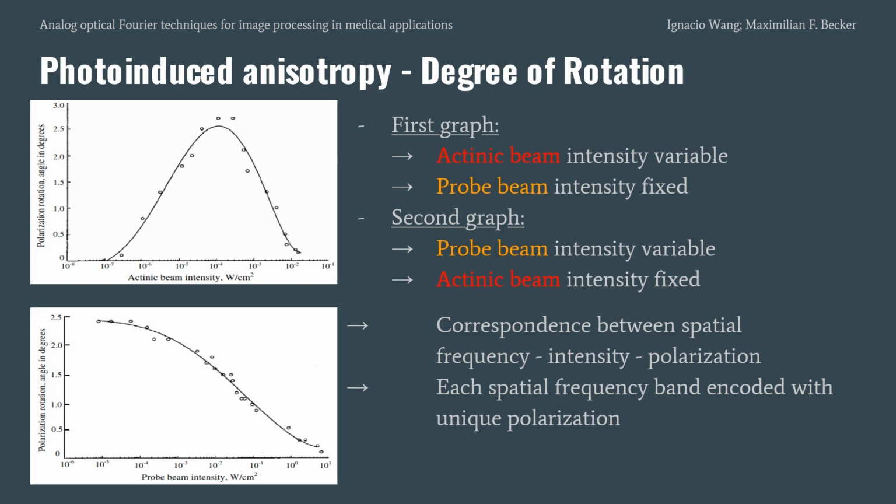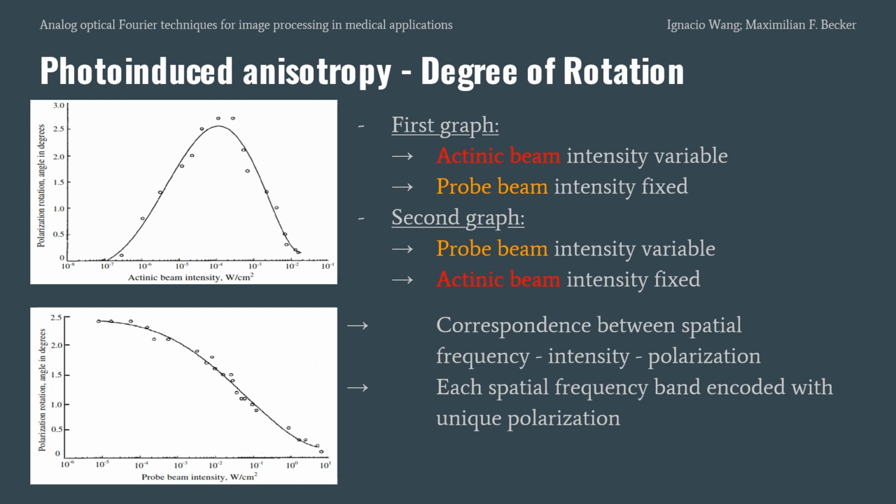So you can see that the rotation polarization is high for low probe beam intensity and is low for high probe beam intensity. From the lecture we know that in the Fourier spectrum, low spatial frequencies correspond to high intensity, while high spatial frequencies correspond to low intensity.